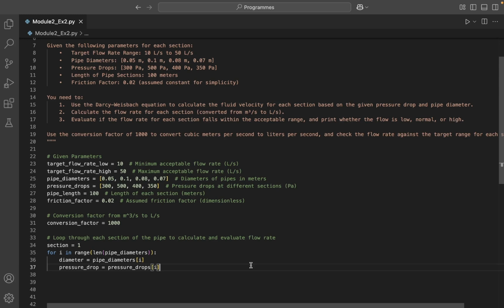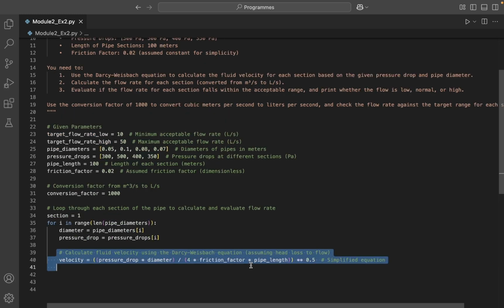So for these four different diameters we have considered the length. Now we will iterate through each diameter and each pressure drop. So diameter equals pipe diameters of i. i refers to the index position 0, 1, 2 based on the length provided. In the same way, the pressure drop at the same section is pressure drops of i from the given list.